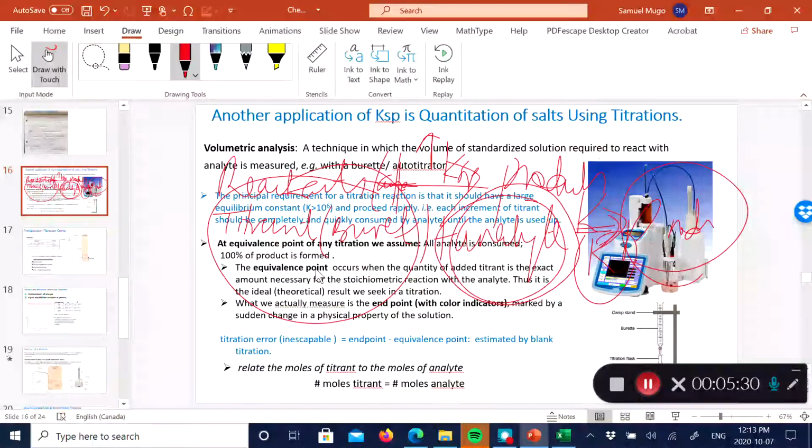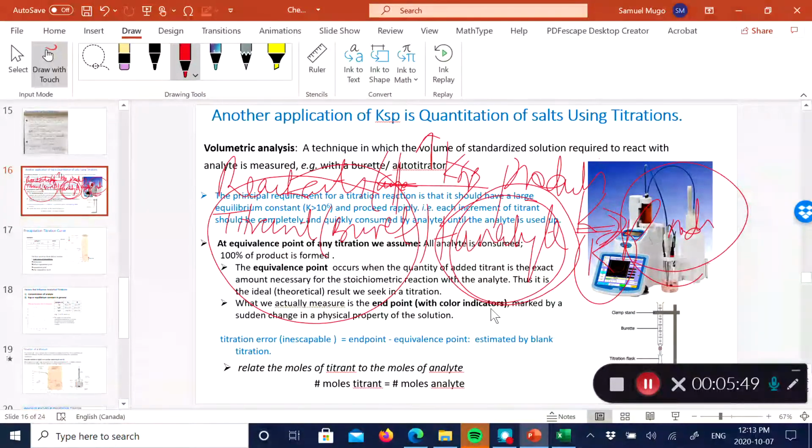For example, if you're doing an acid-base titration, you can use a pH electrode to determine the equivalence point.